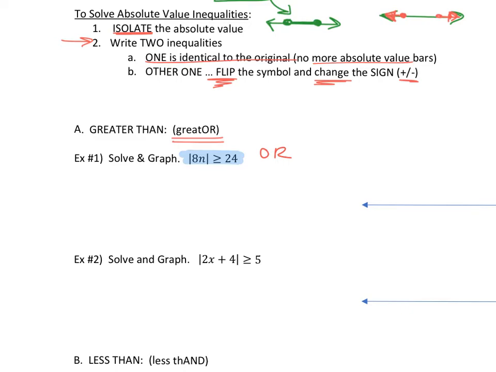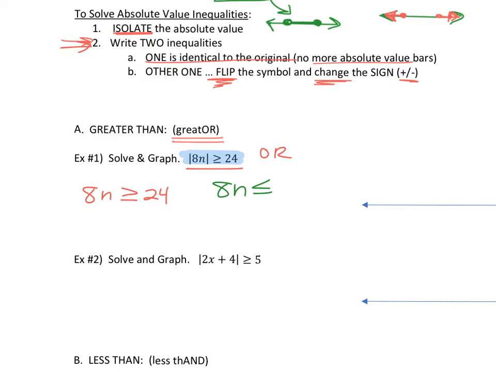So then step 2, okay, we're here, is to write 2 inequalities. One of the inequalities is exactly this. You just take the bars away. 8n is greater than or equal to 24. The other inequality, here's where your new step comes in. Yes, you're going to make it negative like we did before, but now you also need to flip the symbol. So your second one is going to be 8n is what? Less than or equal to what?